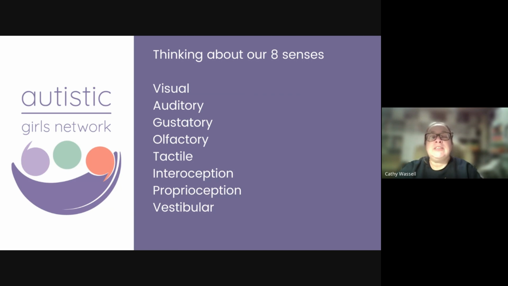And then we move on to, I never know how to pronounce this, so please forgive me if I pronounce it wrong, gustatory, which is taste. So taste things. And of course, that's all bound up with food, which can have its own issues for autistic people anyway. A lot of autistic people have some kind of restricted eating, varying in huge amounts.